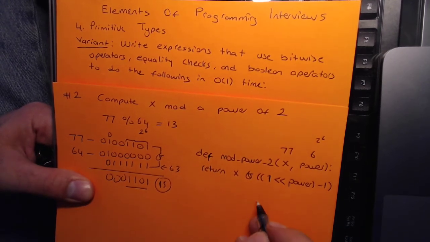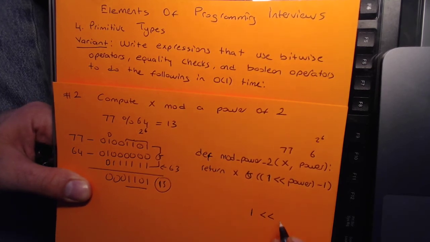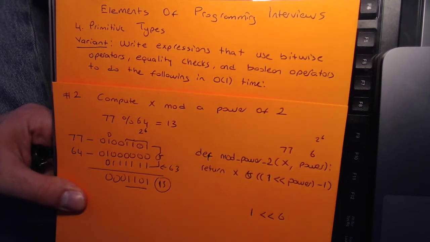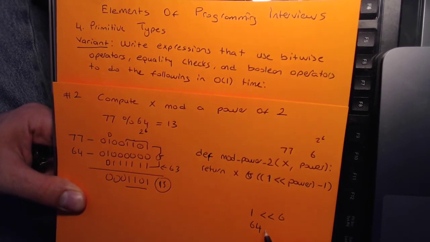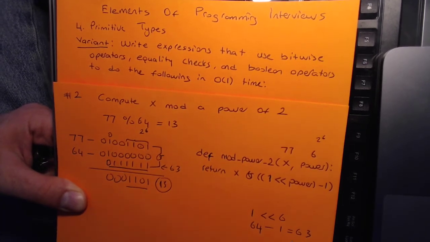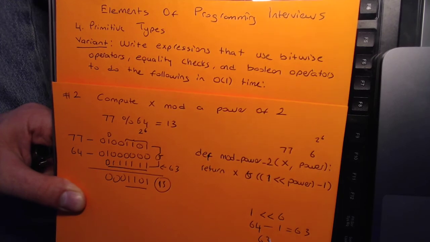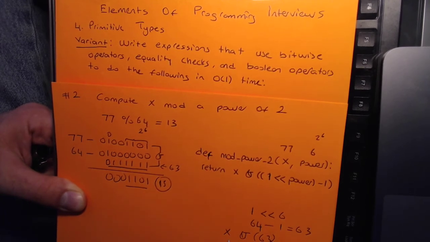If I take 1 and left shift it by 6, I get 64. If I subtract 1 from it, I get 63, which is this number here, right? And if I AND 63 with my original number, I get 13.